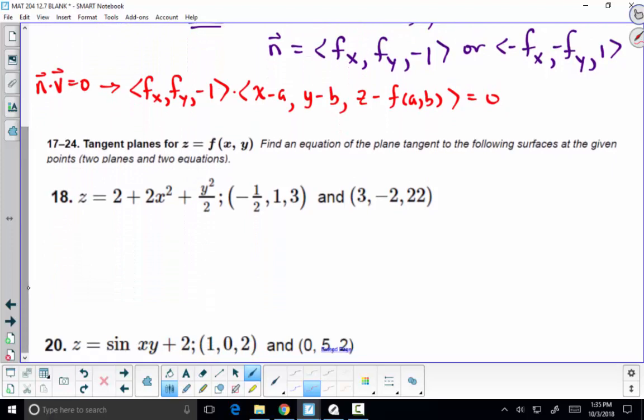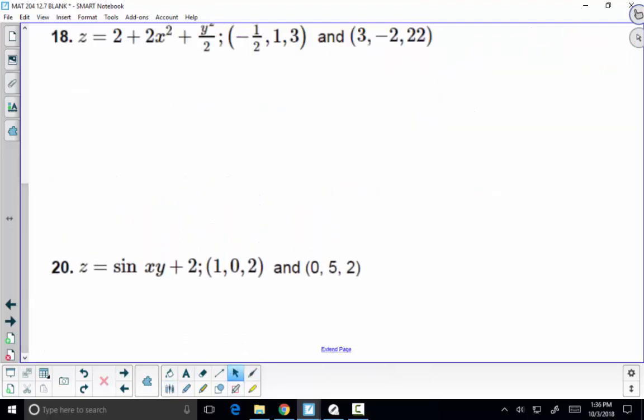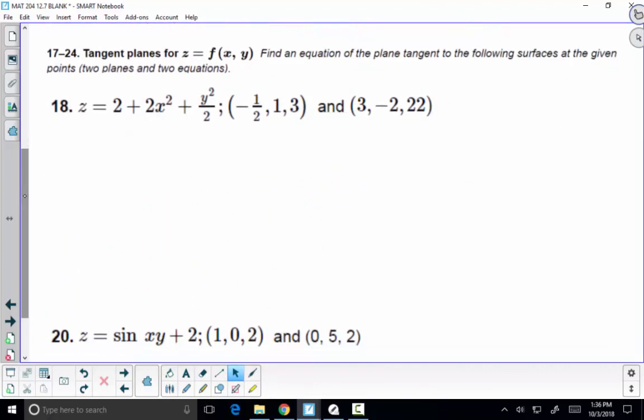So let's go ahead and find the tangent plane here. Again, we can either memorize a new formula or we can just do it the way we already did it, which doesn't matter to me. I think it's more intuitive just to stick with what you've got.